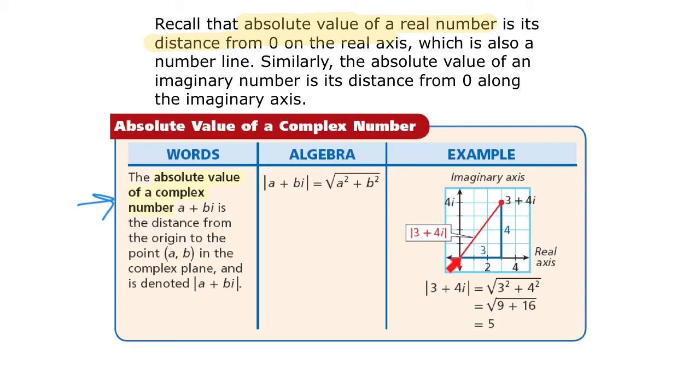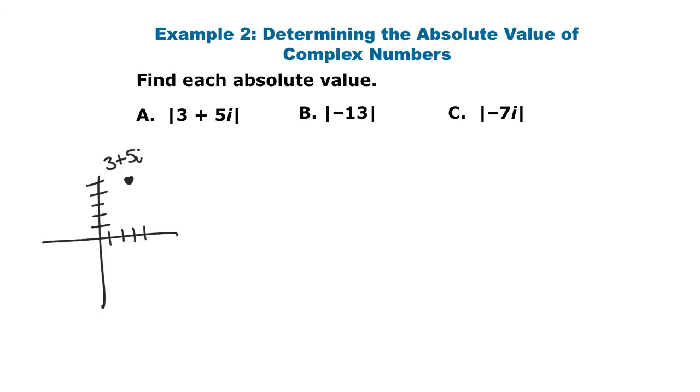Now, finding that distance, we're going to go back to our Pythagorean theorem days, and we're going to make those triangles and use the Pythagorean theorem to get this distance. So here we're going to find the absolute value of a first, the absolute value of 3 plus 5i. So I've just sketched a graph. So here's 3 plus 5i.